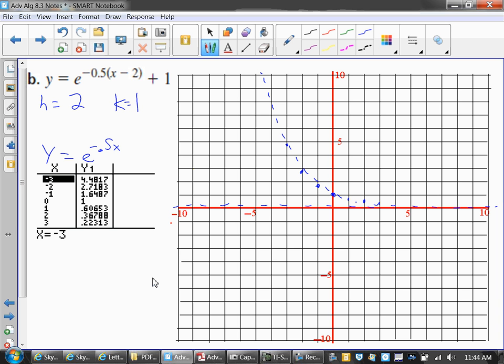From that, where do you move it? Yeah, to the right 2, up 1. Right 2, up 1. And we're tailing down. And your new asymptote is at 1.